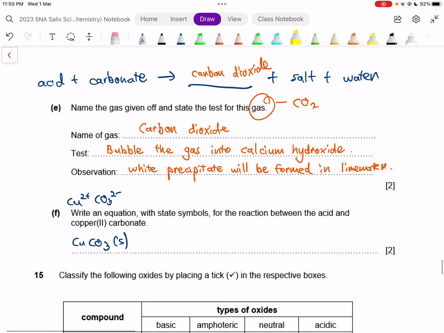Right. Okay. So now let's write a chemical equation for this with state symbols. I shall write the word equation first.